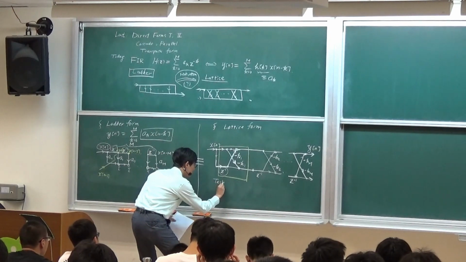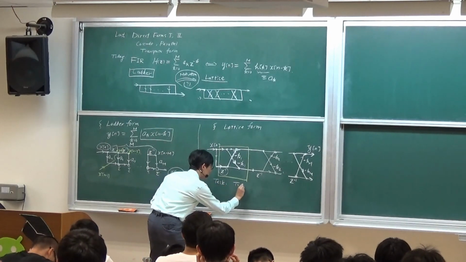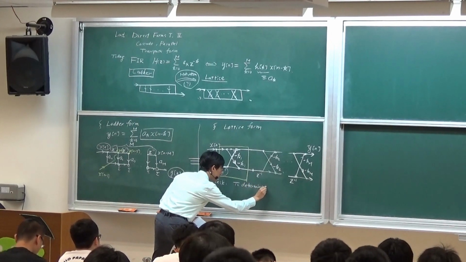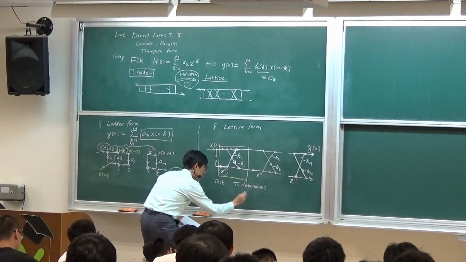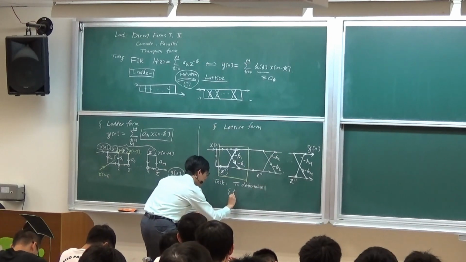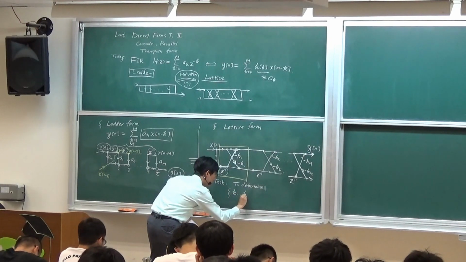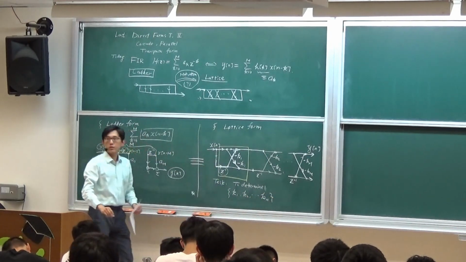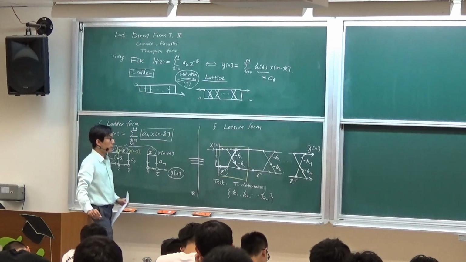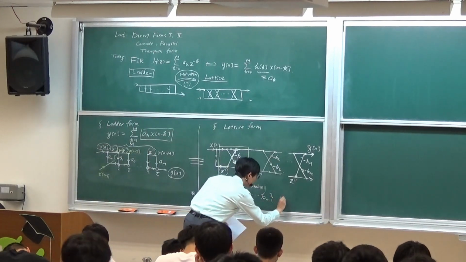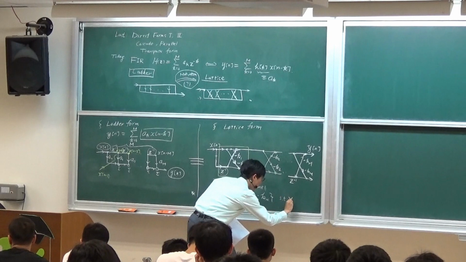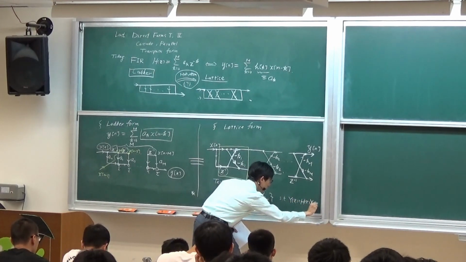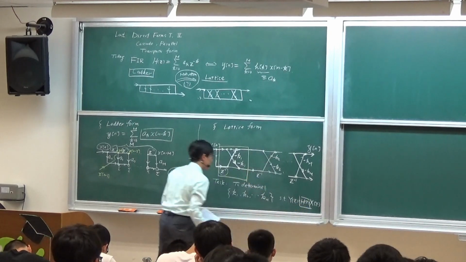Our task for today is to determine these k coefficients, k1, k2, such that y of z is exactly h of z times x of z, with any given h of z.